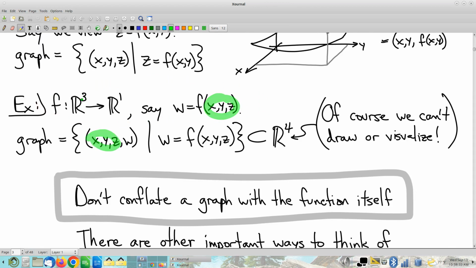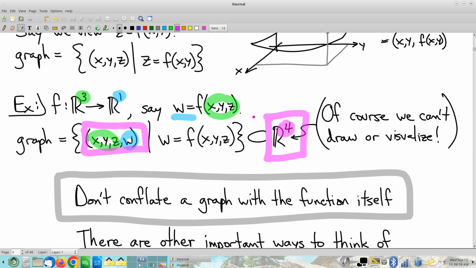X, Y, and Z are my three input variables. I set the value of the function equal to a new variable. That's the output variable. In this case, I'm calling it W. Again, doesn't matter. Whatever. And we put all this onto the same coordinates of the same point. And notice that this is a point that lives in R4.